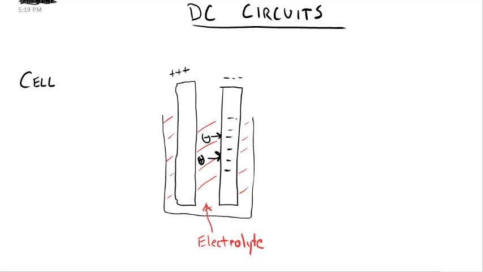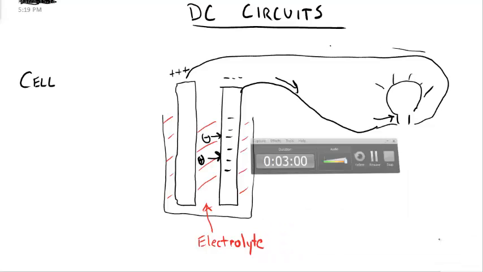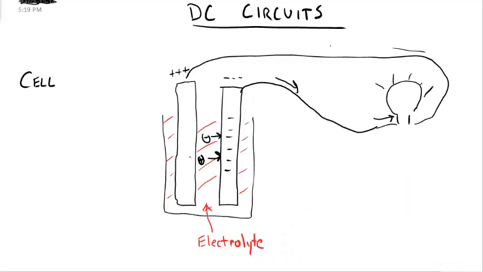And so what's done is we connect this to, I don't know, a light bulb. And then once we complete the circuit, we allow the flow of electrons to go through, powers the light bulb, and continues on. So once the electrons make it here, they get pulled back and off they go.